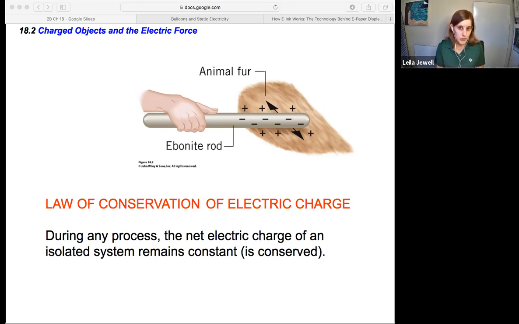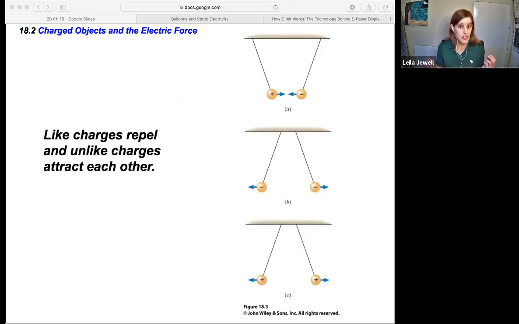Now, that's one important idea of dealing with charged objects. The other one is one you may already be familiar with, and that's the common adage that opposites attract. So if you have two charges that are the same, they actually repel each other. Like charges repel, unlike charges attract.